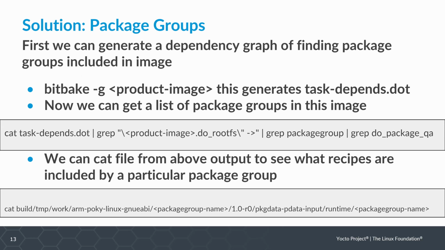It will generate a dot file, and from there we can get the list of the package groups included in the image. To simplify, we can simply cat the dependency dot file, and particularly we can get the package groups included in the image.